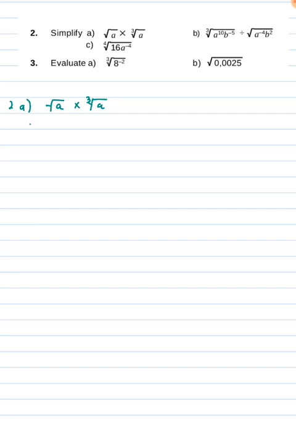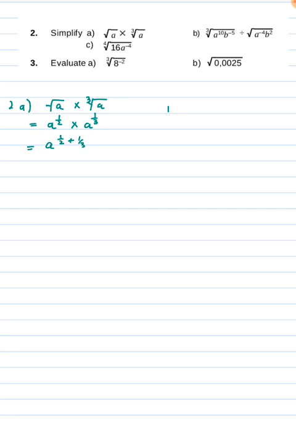So here we start by changing it into fractions, so it becomes a to the power of 1/2 multiplied by a to the power of 1 over 3. So this one becomes a to the power of half plus 1 over 3.